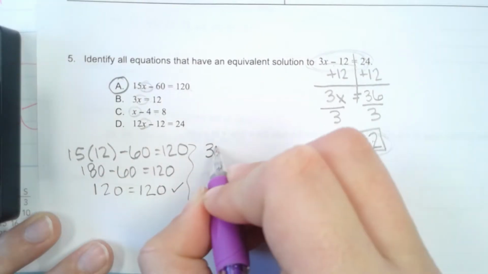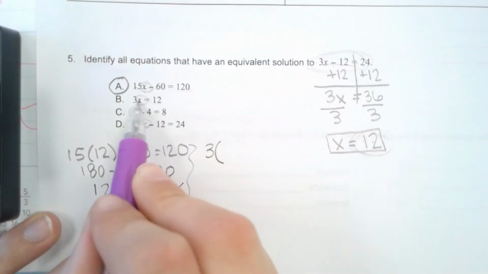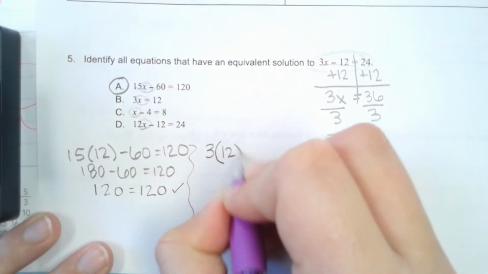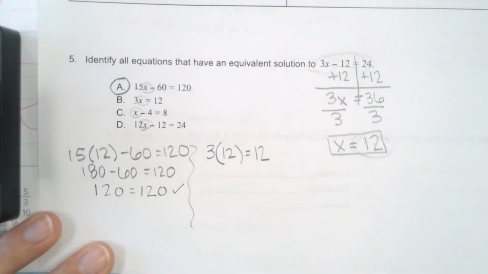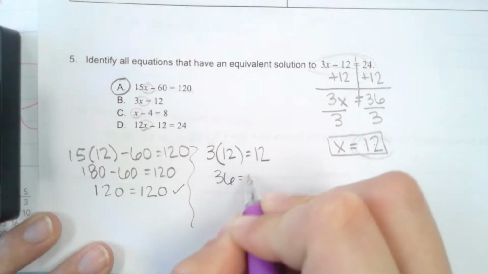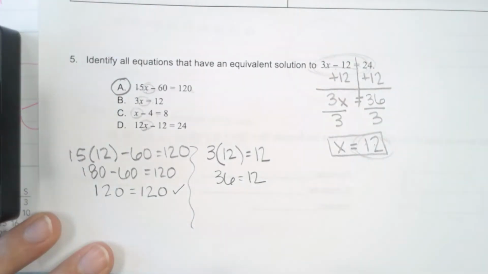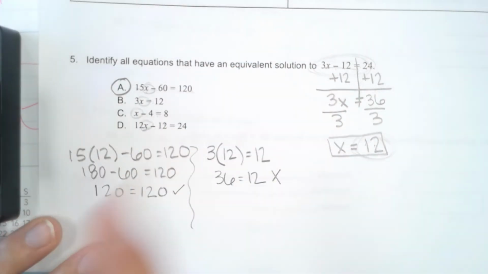So we have 3x equals 12. Plug in 12 for x, and see if it works out. So 3 times 12 is 36. So does 36 equal 12? No, it does not. So B is not an equivalent solution.